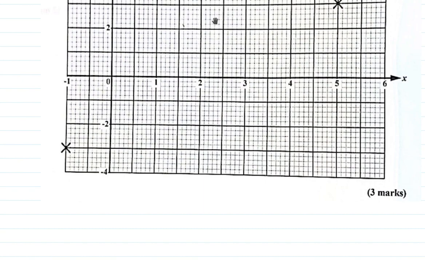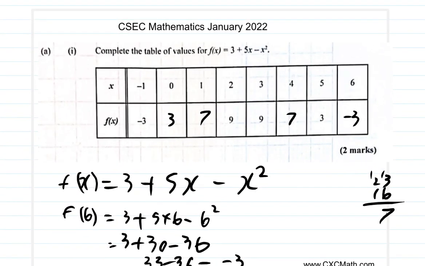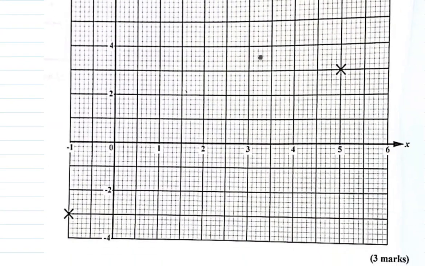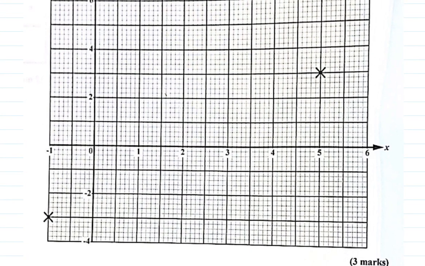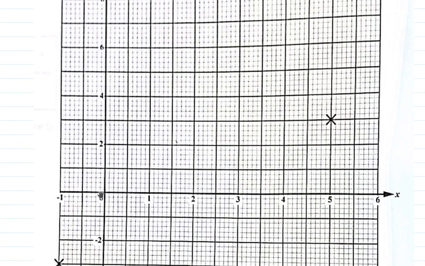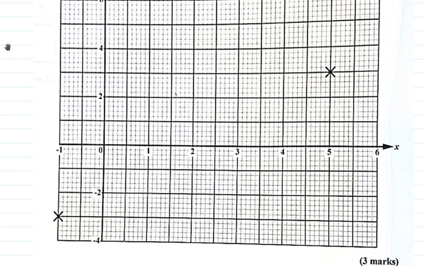Okay, that is there already. 0, 3. X is 0, y is 3. Here now, 0, 1, 2, 3. 3 would be right here. Alright? So 0, 3. Even though they didn't write it, they skipped out some of the numbers, but 0, 3 would be there.